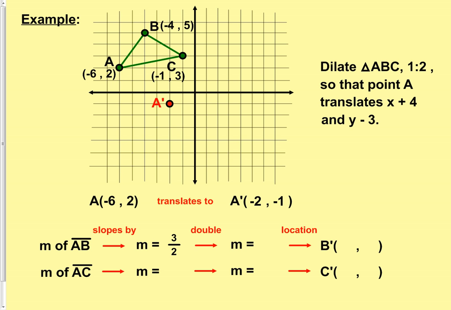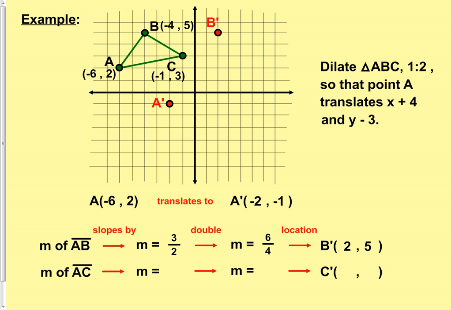So 3 over 2 is going to become 6 over 4. Now from point A prime, if we rise 6 units and run 4 units, we should end up with B prime. Rising 6 and running 4 would end us up at location 2, 5.